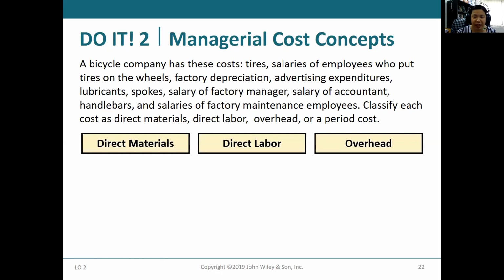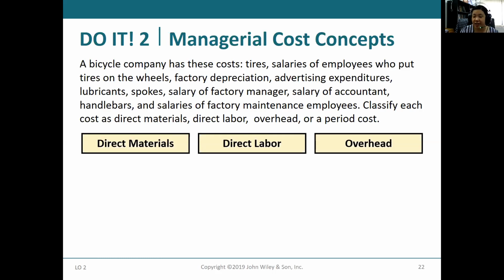A bicycle company has these costs: tires, salaries of employees who put the tires on the wheels, factory depreciation, advertising expenditures, the lubricants, spokes, salary of factory manager, salary of accountant, handlebars, salary of factory maintenance employees. Classify each cost as direct materials, direct labor, overhead, or a period cost.